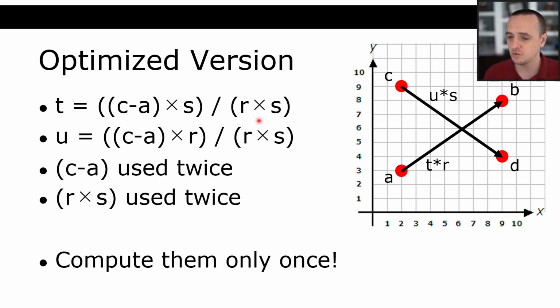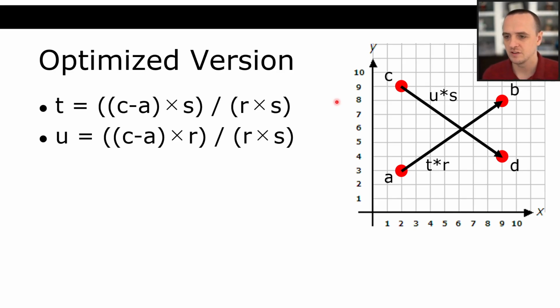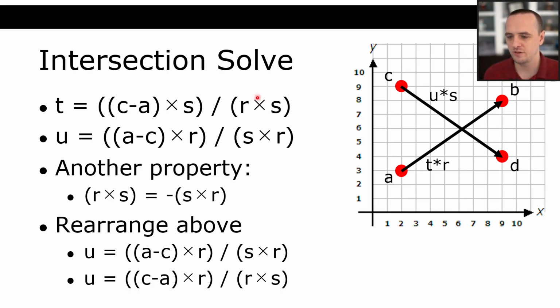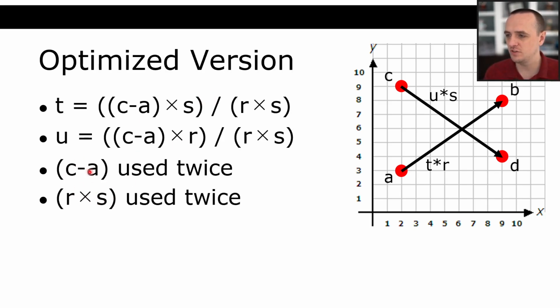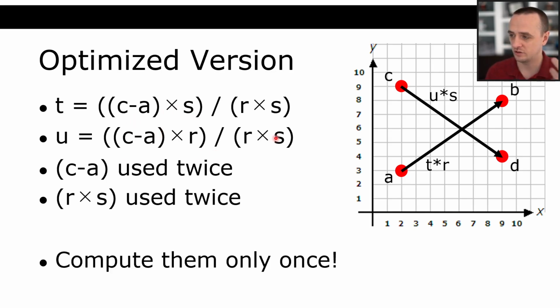So we can compute them only once, and then use their values twice. Okay? So in the original version, we would have had to compute r cross s and s cross r, and c minus a and a minus c. But now, we have two of these values that are used twice, and only need to be calculated once. So we can compute them once, store their value, and then use them twice.